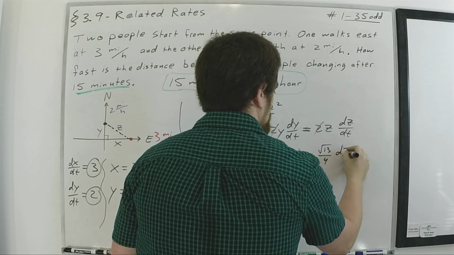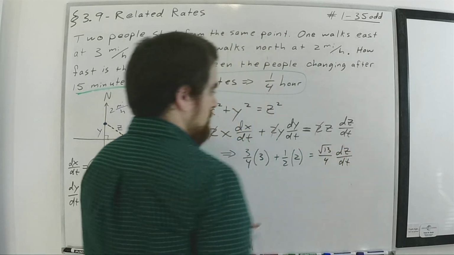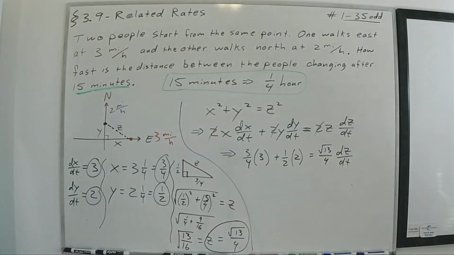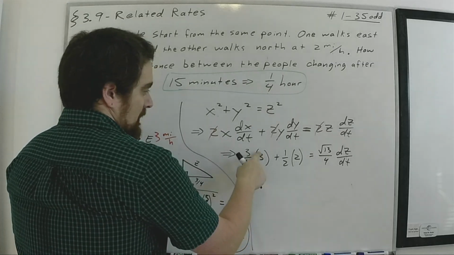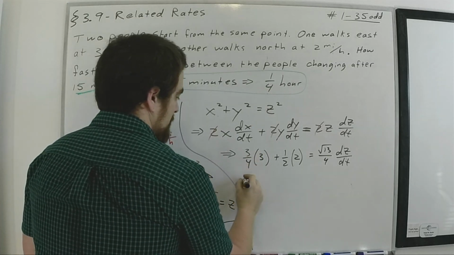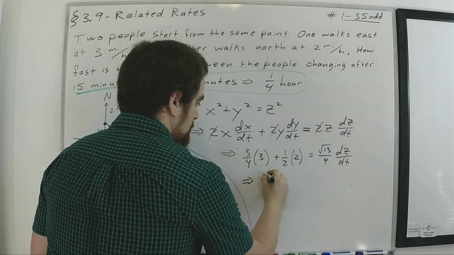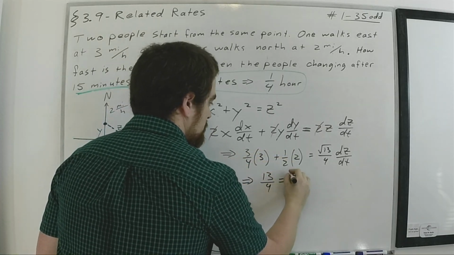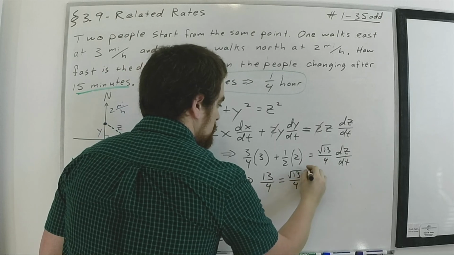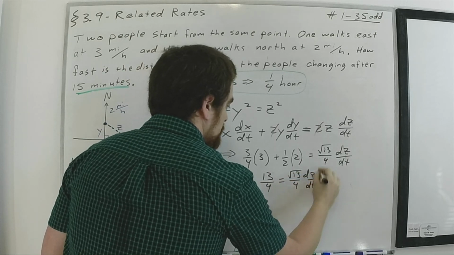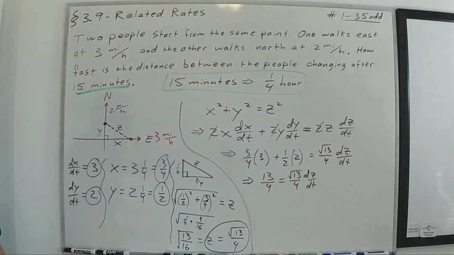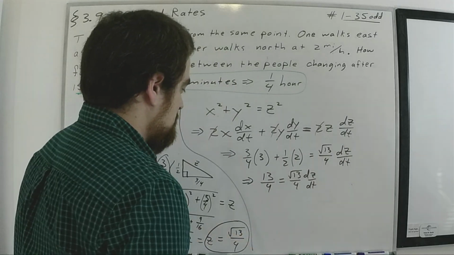And our goal is to isolate dz/dt, so we'll just have to multiply by the reciprocal there. So we've got 9/4 plus 1. That's like 9/4 plus 4/4. That's 13/4, which is equal to root 13 over 4 times dz/dt.